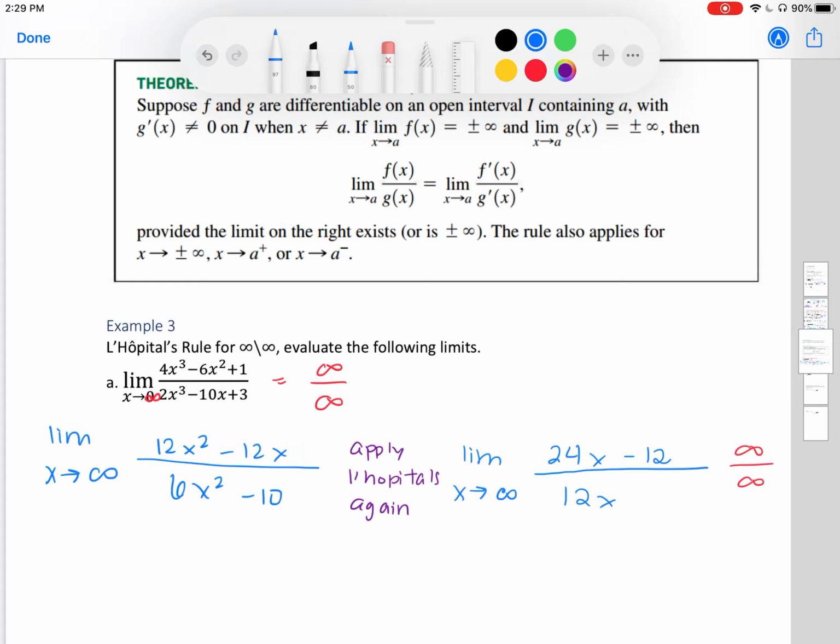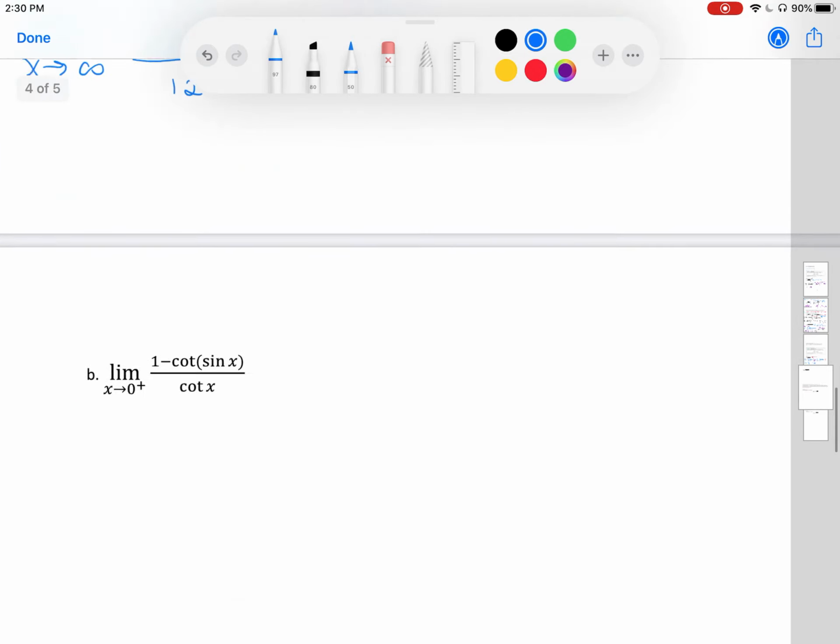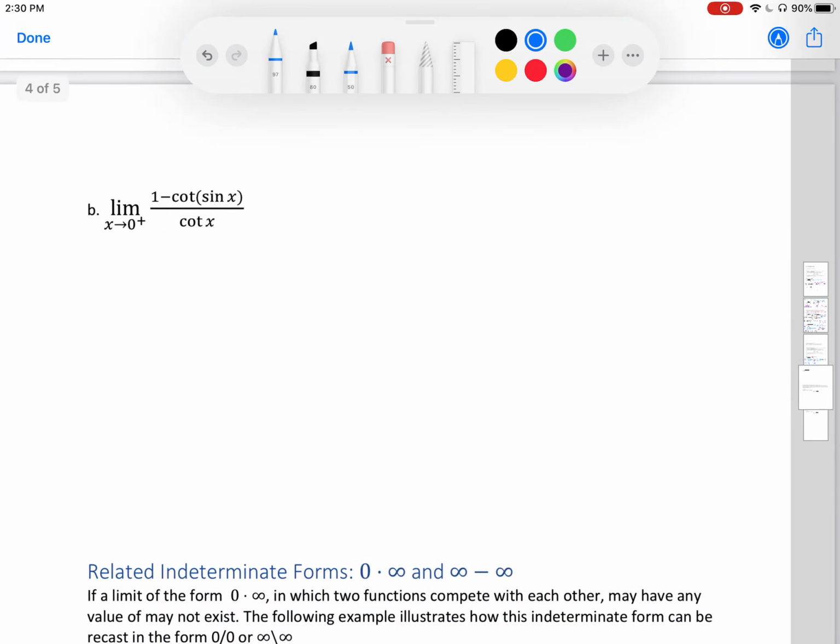We have the limit as x is approaching infinity of 24 divided by 12. And 24 divided by 12, that just gives us 2. And that's our result. Let's go ahead and continue with the next example.